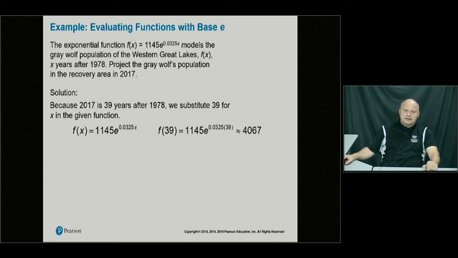Then punch in 0.0325 times 39, and close that parenthesis off. So it makes the calculator carry out the multiplication of the exponent first. Then it takes e to that power, and then multiplies it by the leading coefficient, 1145.